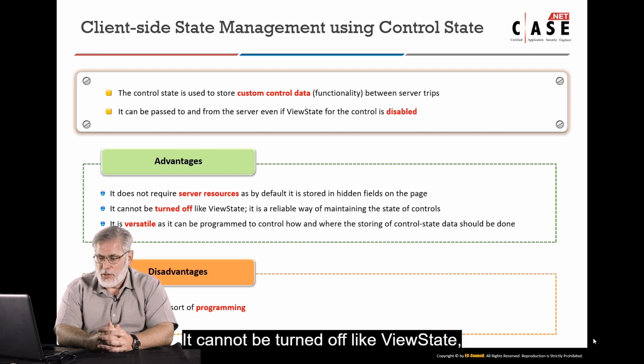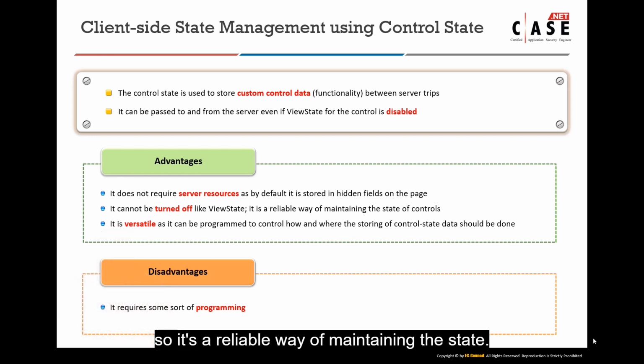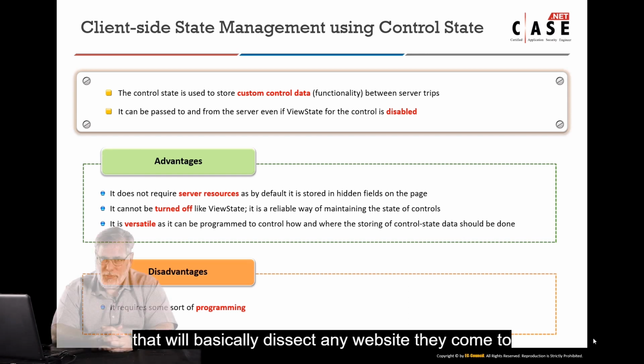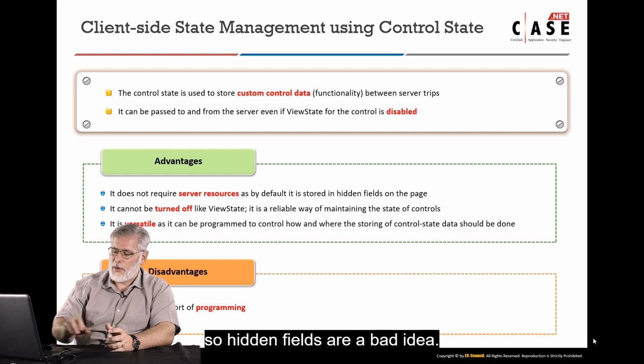It cannot be turned off like view state, so it's a reliable way of maintaining the state. It's very versatile. But the disadvantages are, first of all, it requires some programming, and secondly, it depends on hidden fields. There are tools available to hackers that will basically dissect any website they come to and pull off even hidden data. So hidden fields are a bad idea.